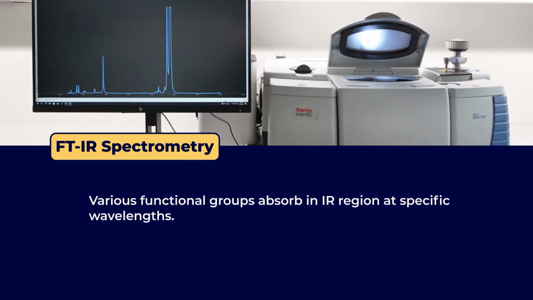It is vibration, stretching and bending. So various functional groups will have characteristic frequencies at which they will vibrate. So in the IR spectra, we will have several peaks based on which we will find out whether the group aldehyde is present or ketone is present, whether amine is present, which functional group is present.